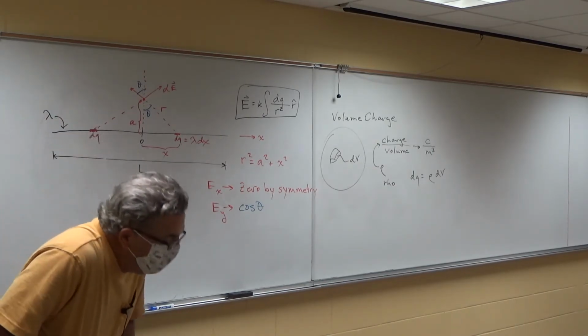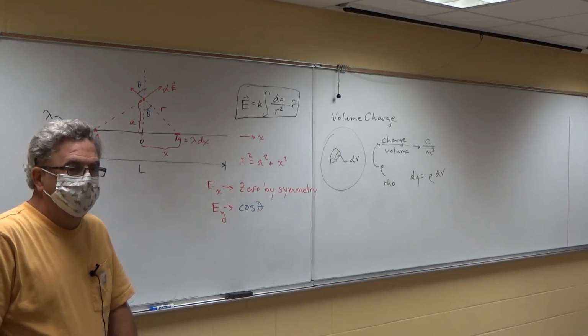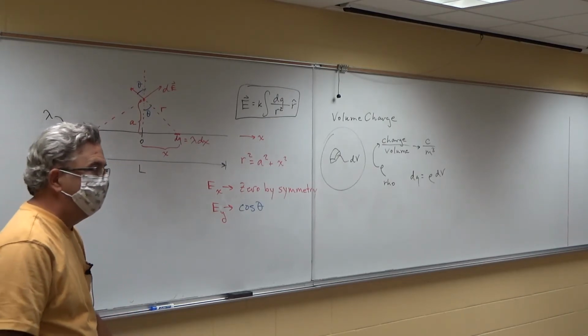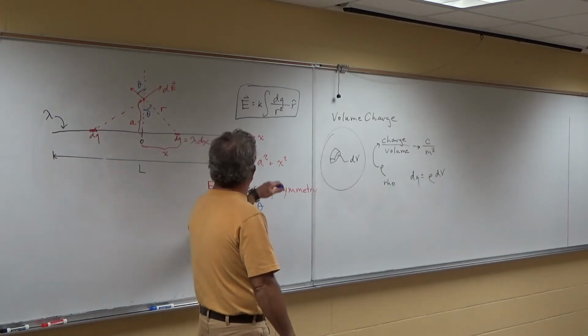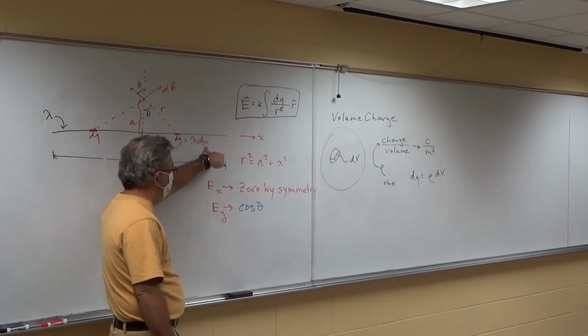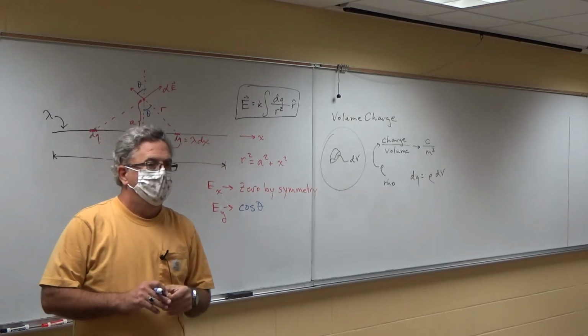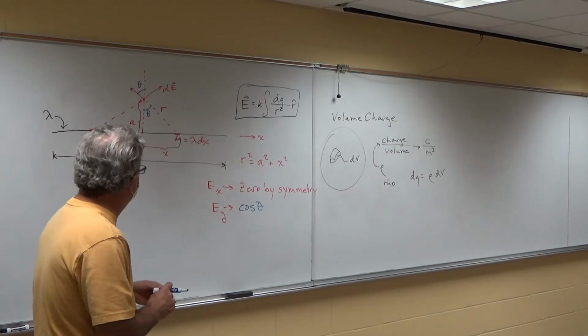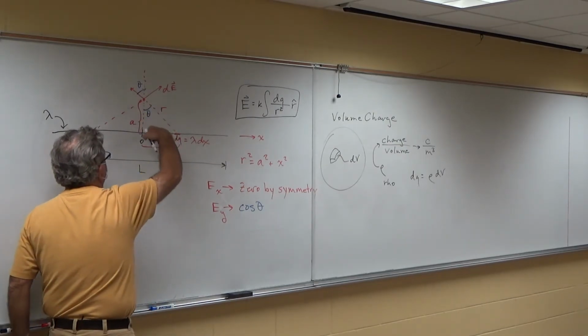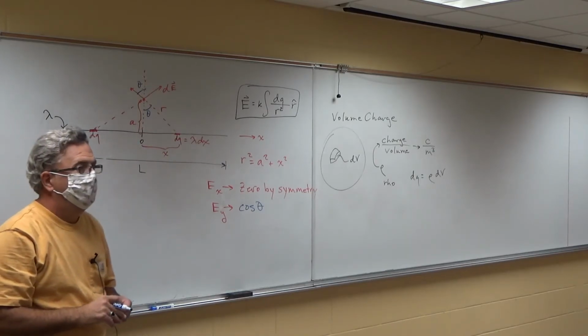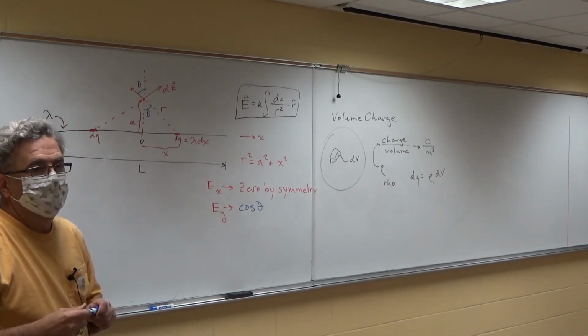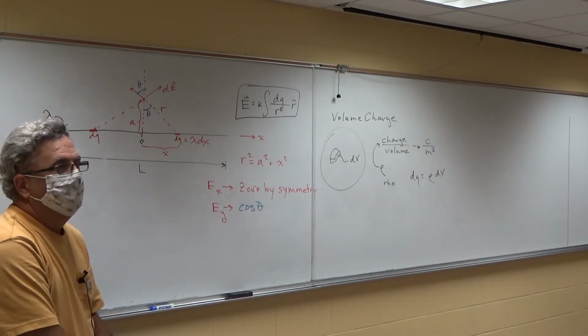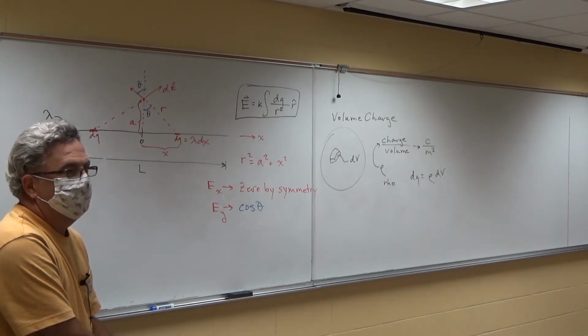Well, I'm not integrating over theta. I got to put cosine theta in terms of these variables of integration, which the variable is x. What is cosine theta in terms of these variables? No, cosine theta, not tangent.